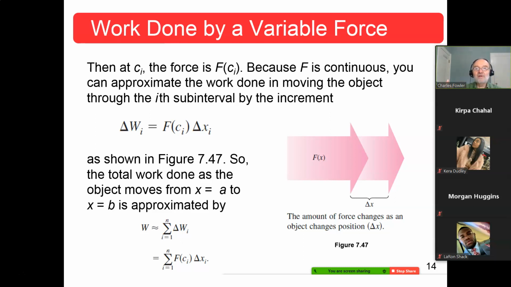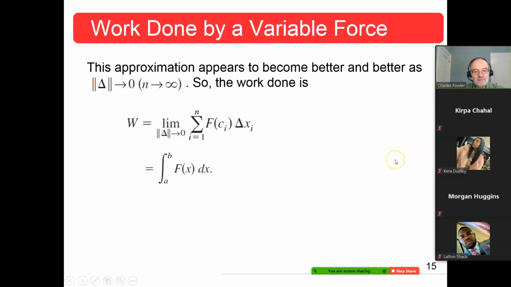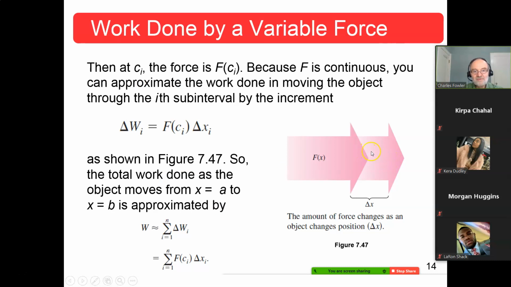Okay? So we'll just assume that you're moving from here to there. That's your delta x sub i, and somewhere in that is your c sub i, and whatever the F value is at that c sub i, that's what we approximate the force to be in that entire interval. So the total work done to move from A to B would then be summing all those up, the sum of those incremental works.